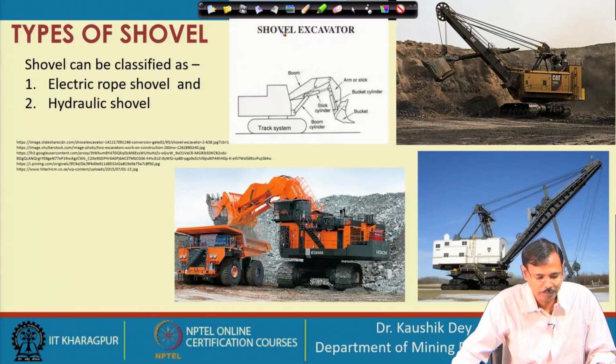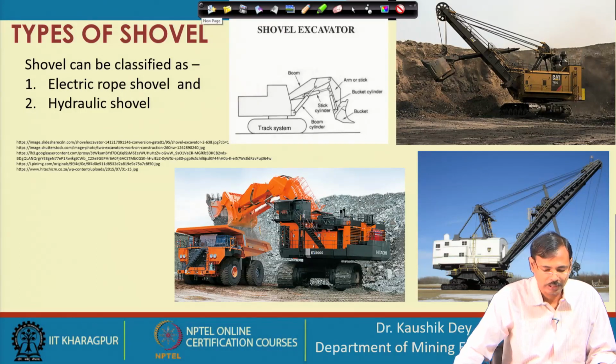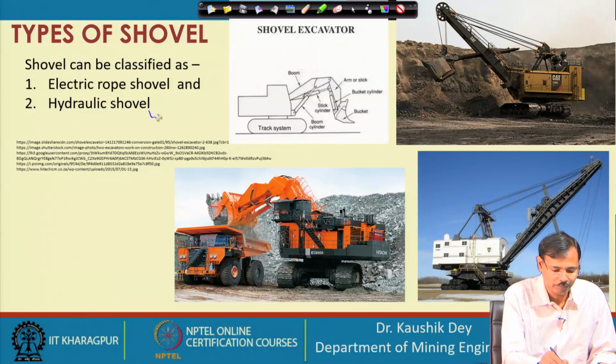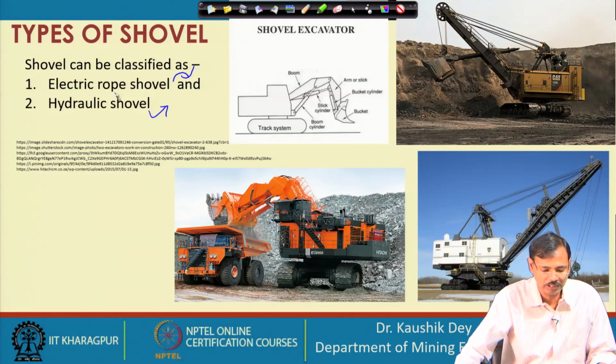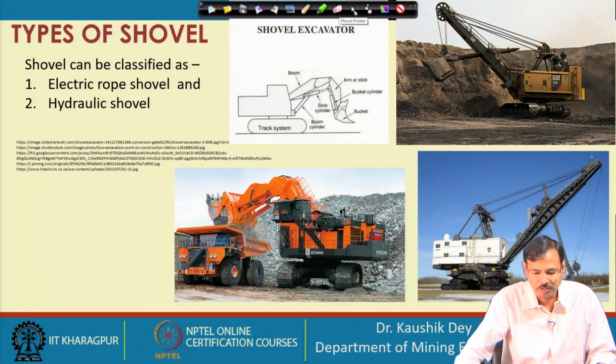There are some mechanical advantages and disadvantages for both cases, which is why they have different applications. The rope shovels have good overloading capacities, the hydraulic shovels have poor overloading capacities, but operations are easier in the hydraulic one, though wear and tear is more in the hydraulic shovel. So, these are some benefits and drawbacks associated with each system of excavator.